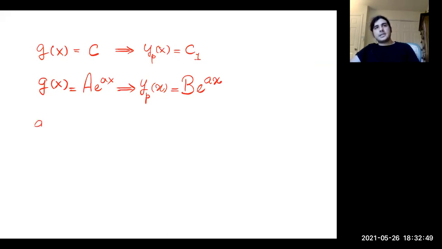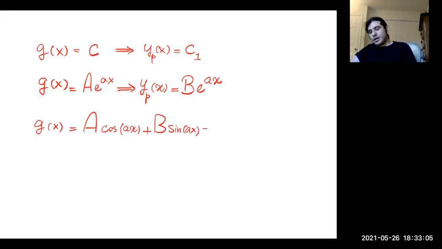For example, if this function g of x is a linear combination of trigonometric functions, something like a cosine of ax plus b sine of ax, the particular solution also has the same form. The particular solution is of the form some constant cosine of ax plus another constant sine of ax.